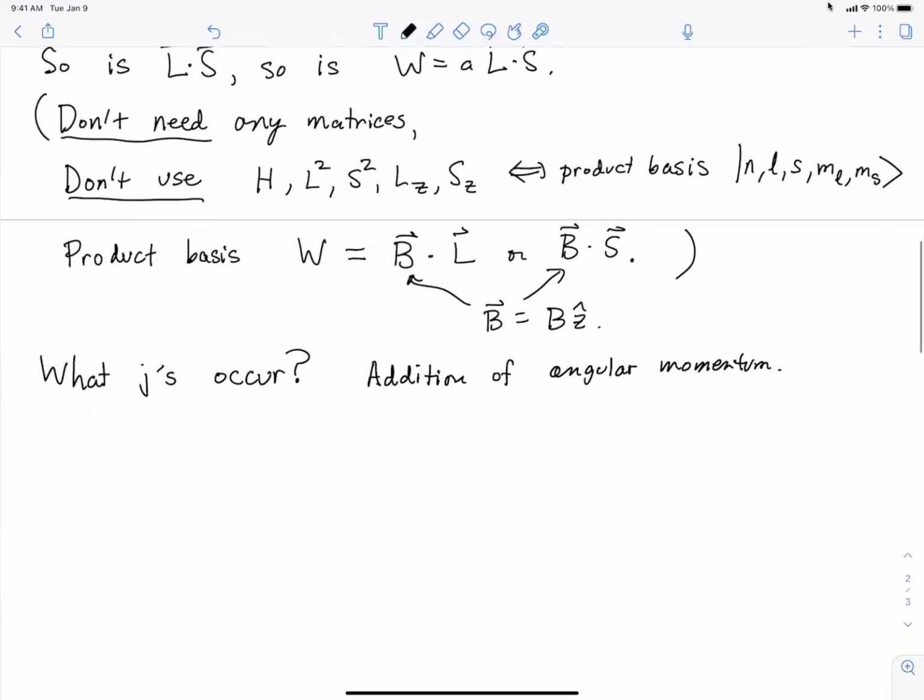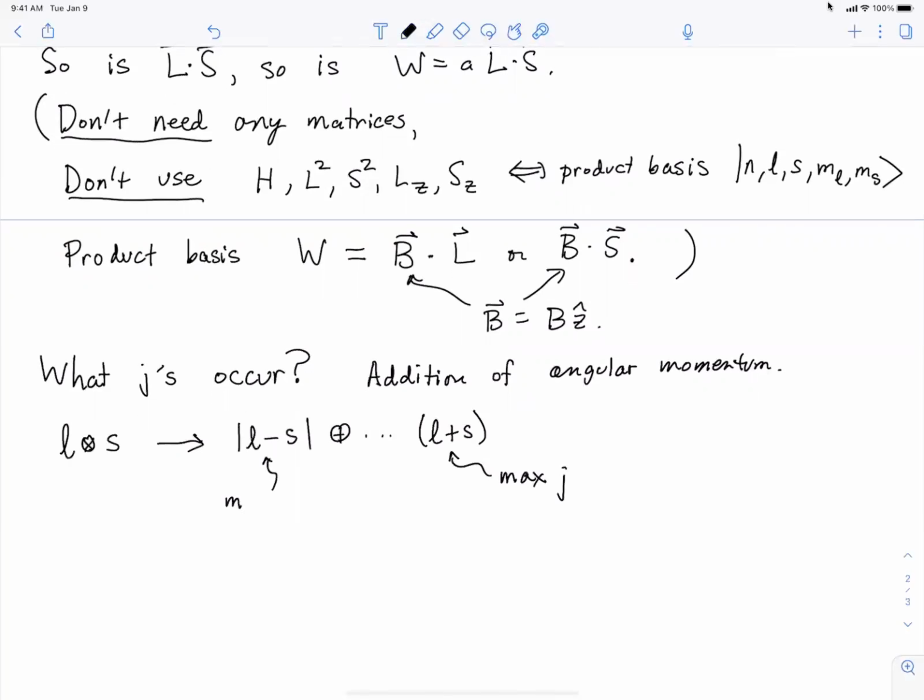Applied to this situation, if I have L and S, and I combine them, the results in the total angular momentum basis are going to range from L minus S in absolute value up to L plus S. So this is the maximum J you can have, and this is the minimum J you can have. And the dot, dot, dots means you go in integer steps.